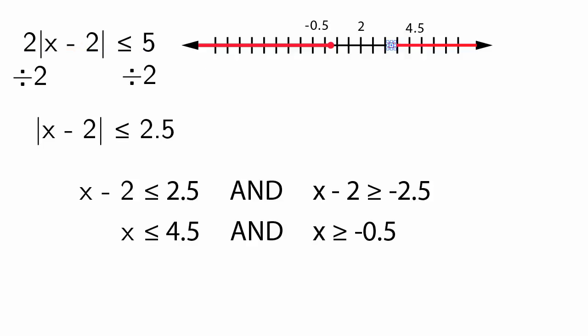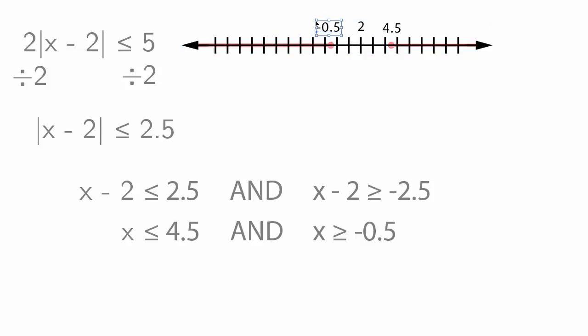So that means that negative 0.5 and 4.5 are solutions to the inequality. Let's move 4.5 into position, and let's move negative 0.5 here into position. And so there we go, we have solved the inequality.